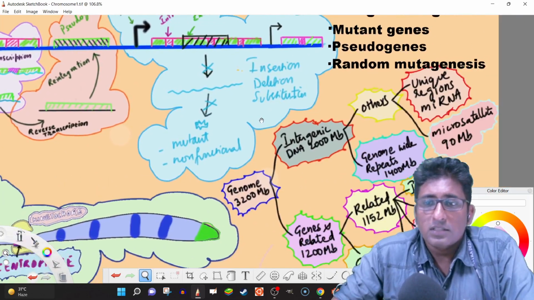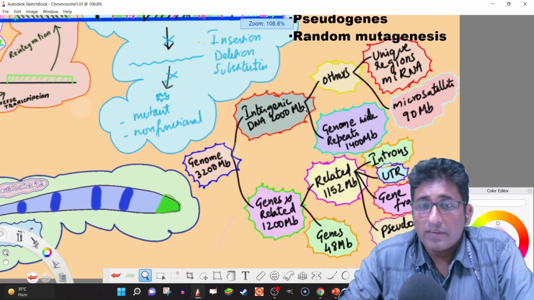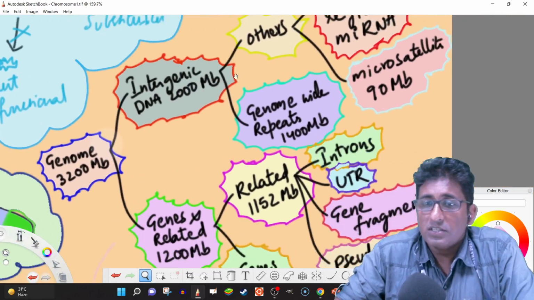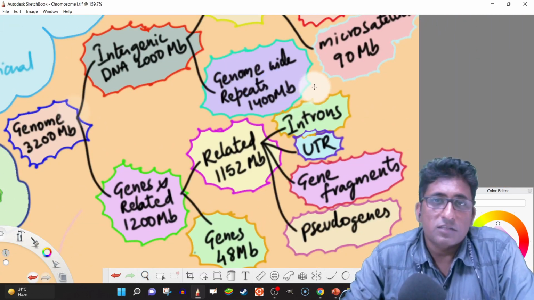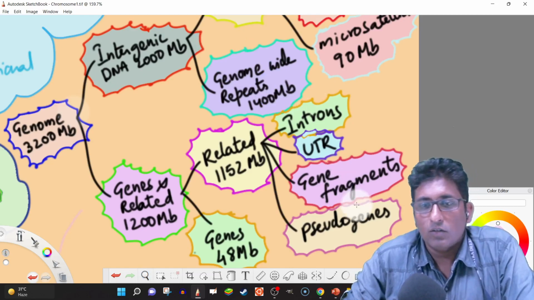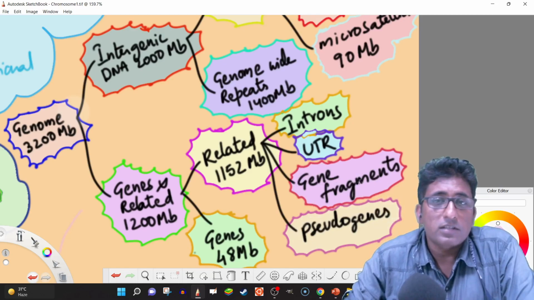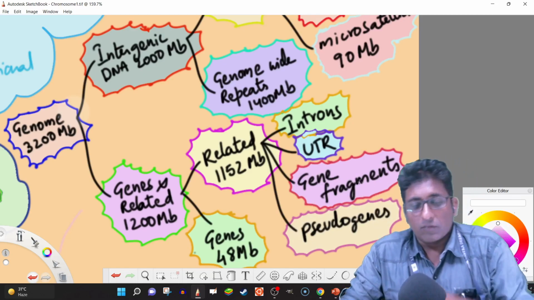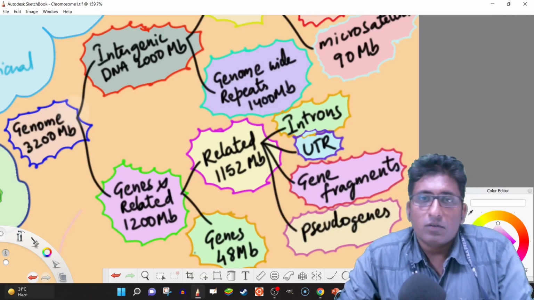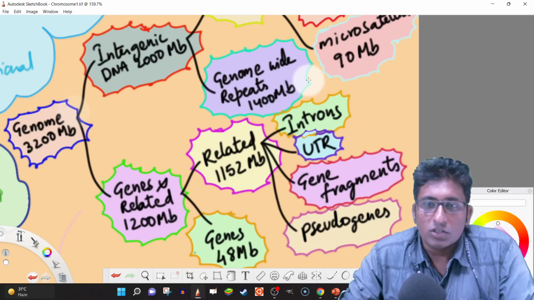And those are some of the sequences. Gene fragments are formed because of mutations, and some mutations might make them non-functional. And pseudogenes are formed by the reverse transcription of mature mRNA and integration into the genome.